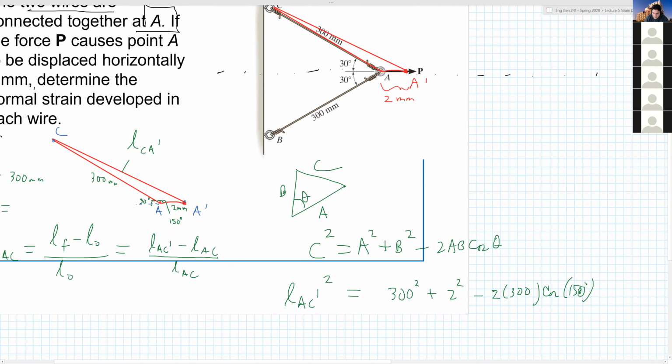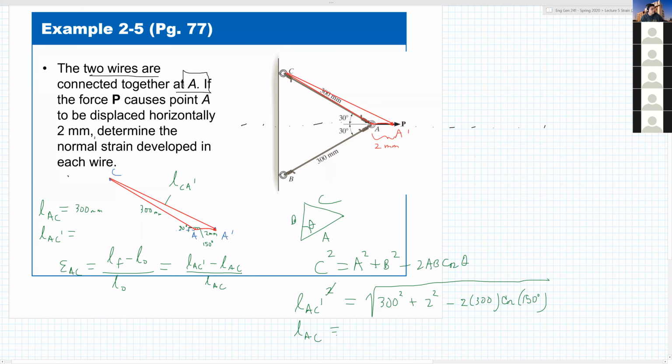150. Okay. And then I want to get rid of the square, so I'm going to do all this to the 1/2. And what do you get for LAC prime?